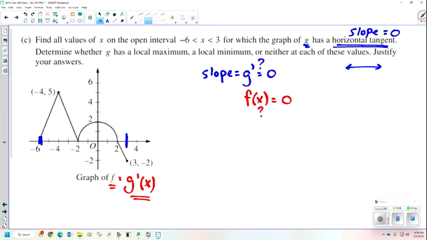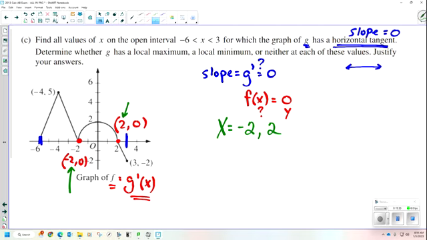What x values give me a y value of 0? I'm looking at the graph right now at this point here. That's negative 2, y is 0. And at this point right here, when x is 2, y is 0. So there's two x values at negative 2 and positive 2. So this happens at x equals negative 2 and positive 2.